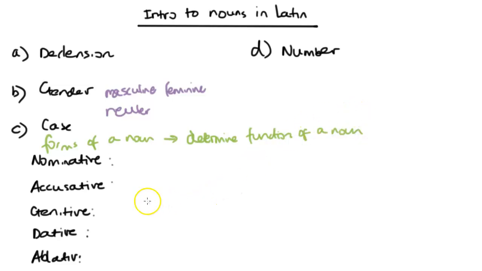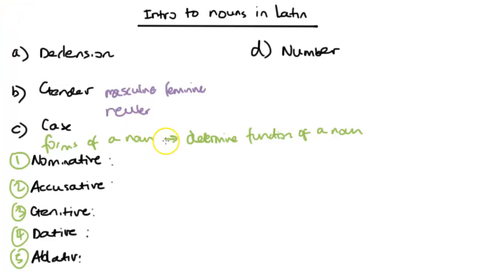Okay? So here I've put the 5 cases. You have nominative, accusative, genitive, dative, and ablative. So you have 5 cases, and I get that many of these cases will be completely new to everybody. That's fine. I promise you that they will quickly become familiar.